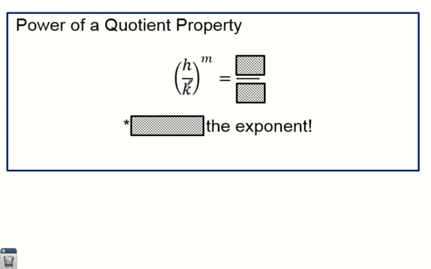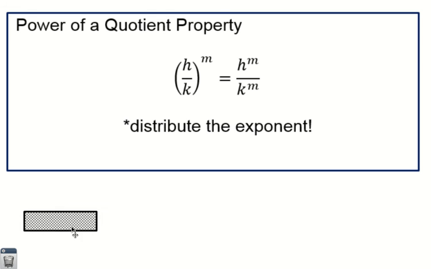If you were raising a fraction to a power, whether it was a simple looking fraction or a crazy fraction where the numerator or the denominator had a lot going on, and you were raising all of that fraction to a power, that meant the entire numerator got that power and the entire denominator also got that power. So once again, this distribute kind of dynamic.